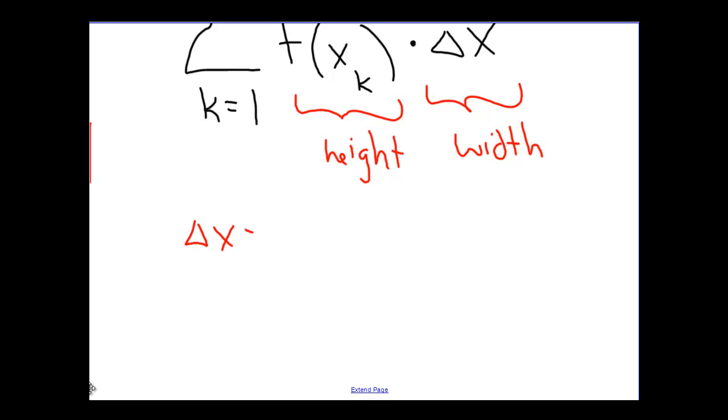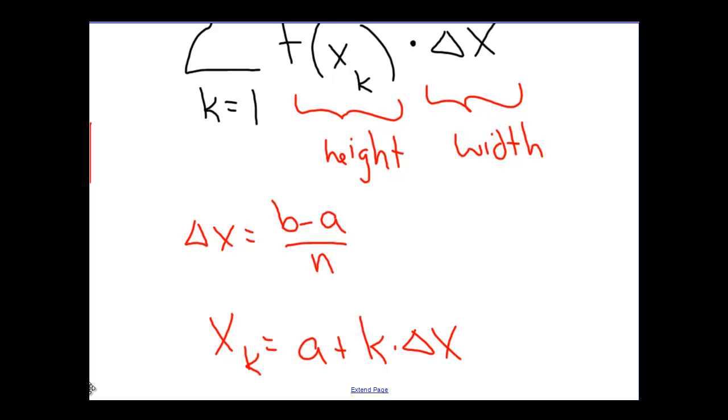So delta x here, recall, is (b minus a) over n. It's the whole interval divided by the number of regions we're breaking this up into. And our x sub k, there are several ways we can define x sub k. I'm going to call this a, the left-hand side of our interval, plus k times delta x.